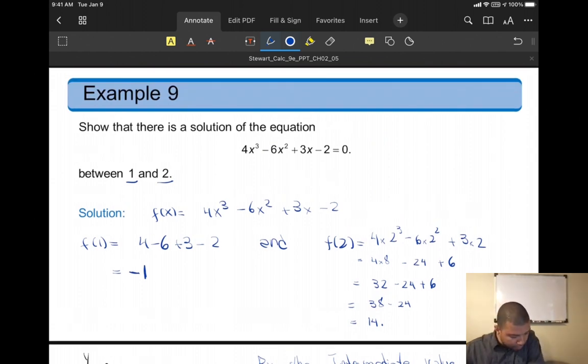So it's going to be 1.5 cubed minus 6 times 1.5 squared plus 3 times 1.5 minus 2. Let me double check that I typed everything right. I think so.